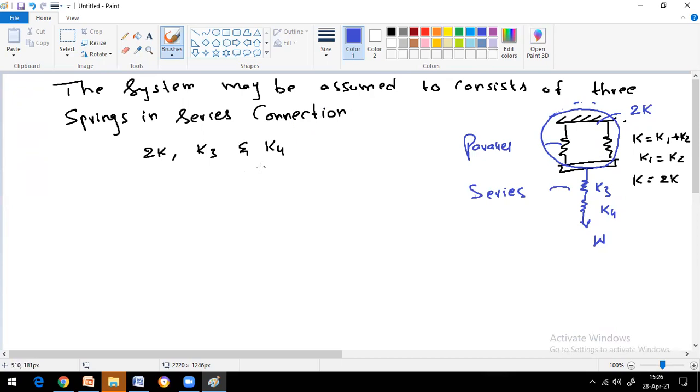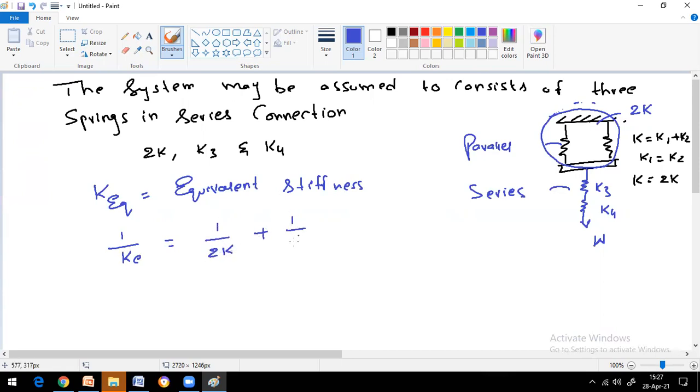Now the equivalent stiffness: 1 by K equivalent is equal to 1 by 2K plus 1 by K plus 1 by K. Why did I write this?